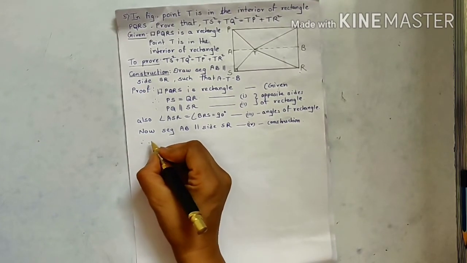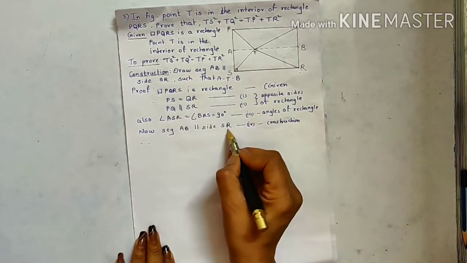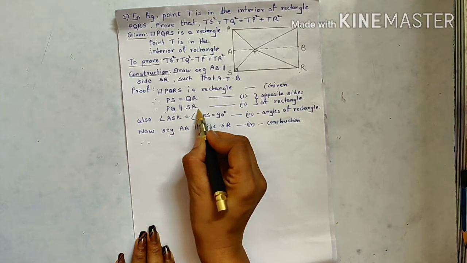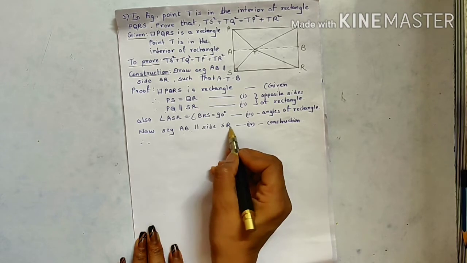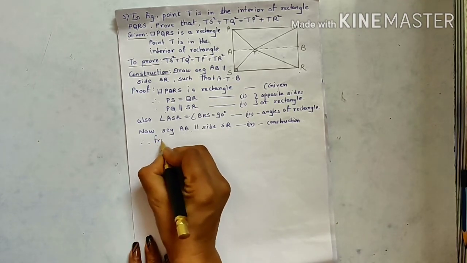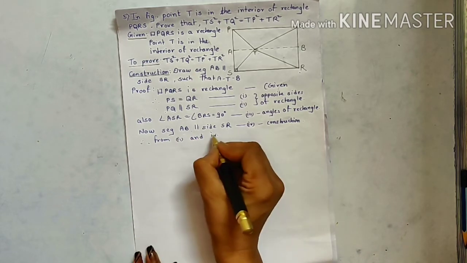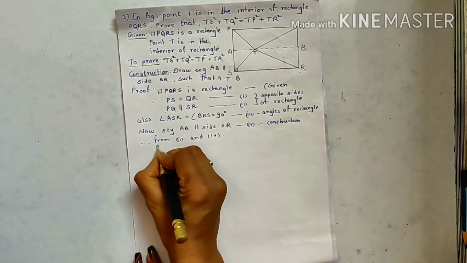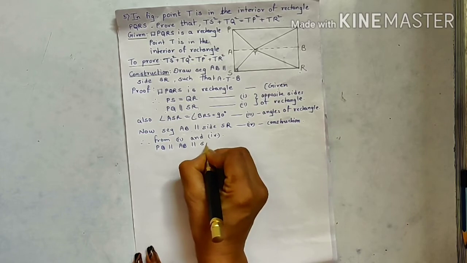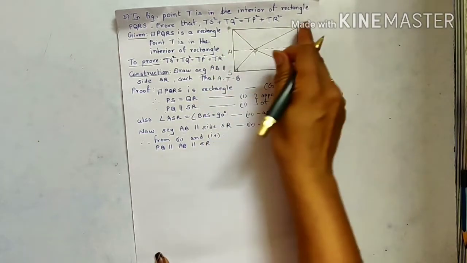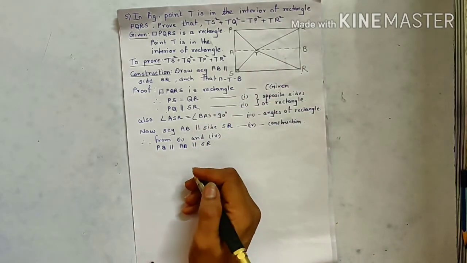Now see, from 2 and 4, PQ parallel to SR and AB parallel to SR. So from 2 and 4 we can write PQ parallel to AB parallel to SR. All three lines are parallel.